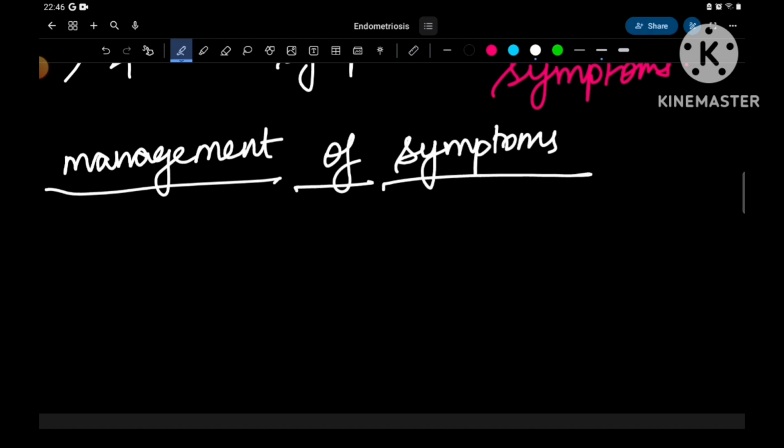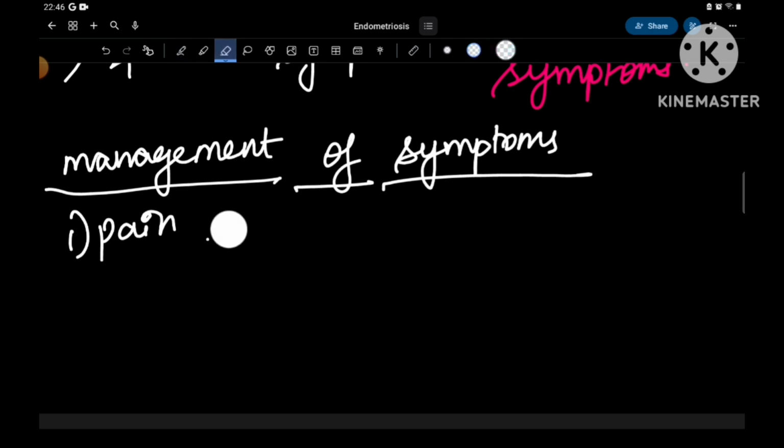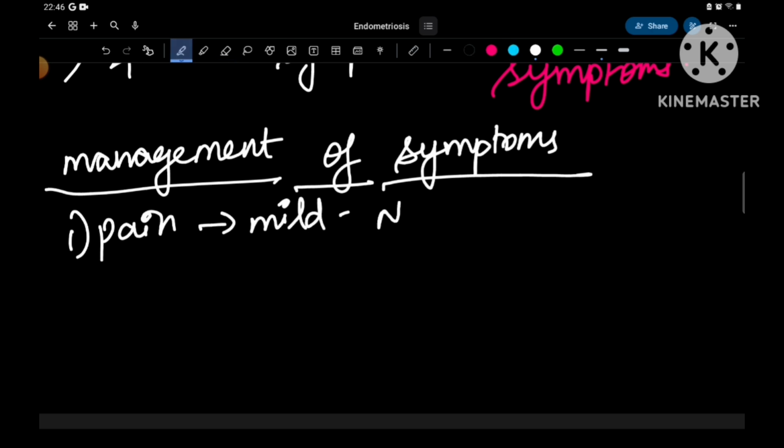First, for pain, for mild and moderate, we will give NSAID and OCP, right?